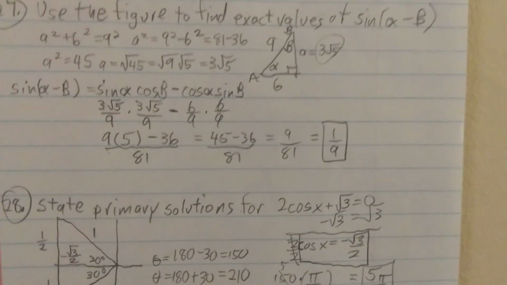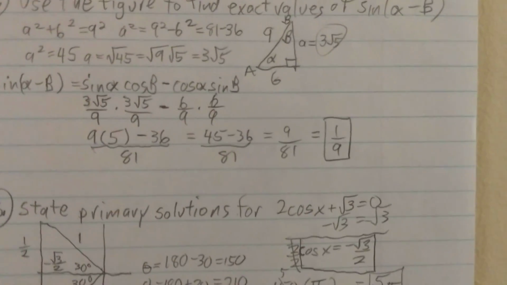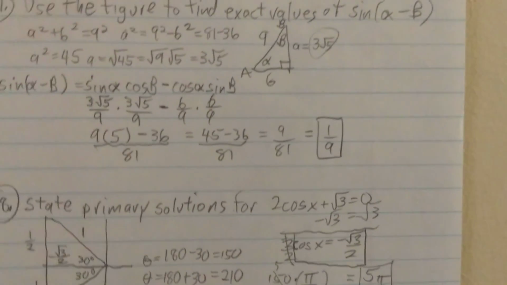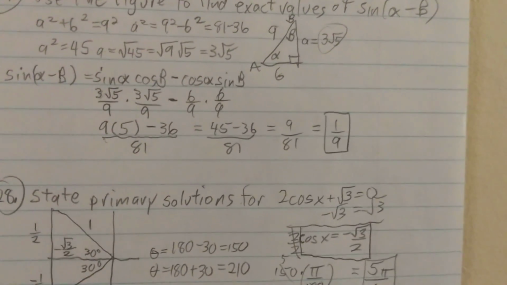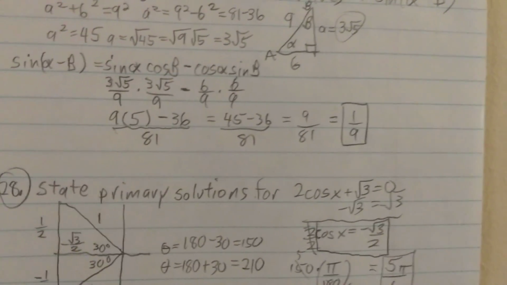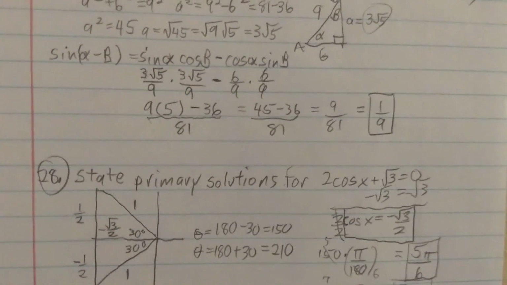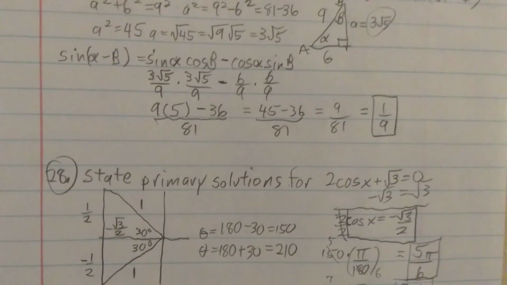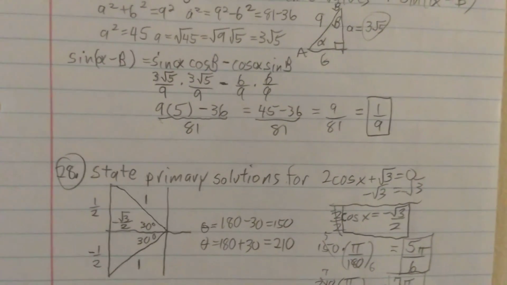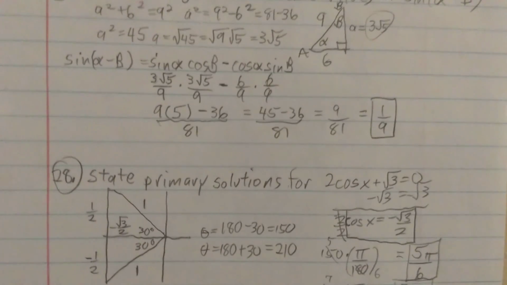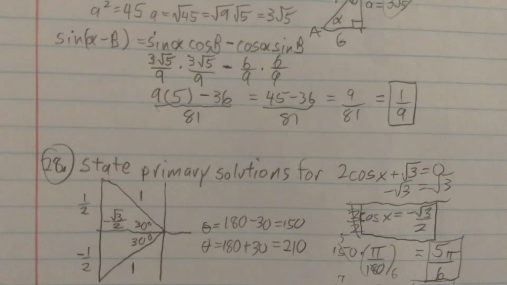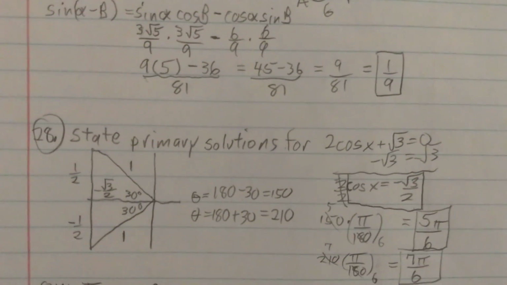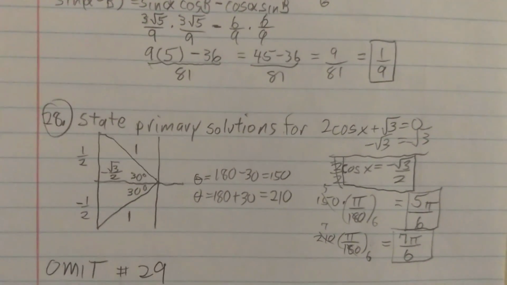Cosine alpha is adjacent over hypotenuse, 6 over 9, and sine beta is opposite, which is 6 over 9 again. When we multiply out, 3 times 3 is 9, times the square root of 5 times the square root of 5, which is 5, minus 6 times 6, so that's 45 minus 36 over 81, or 9 over 81, or 1 over 9.